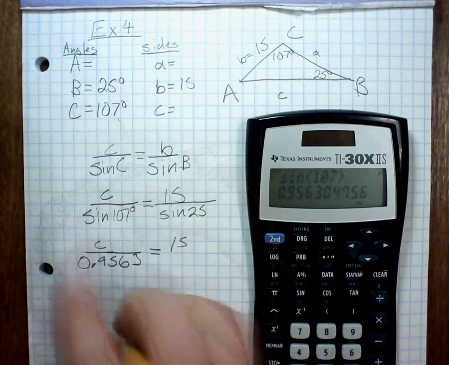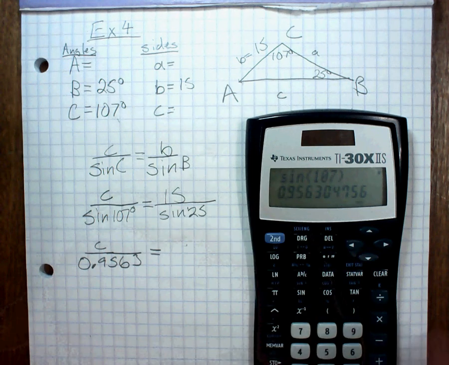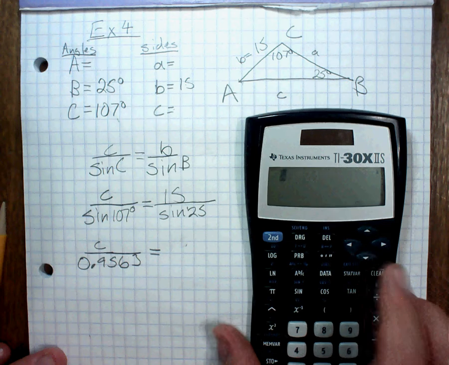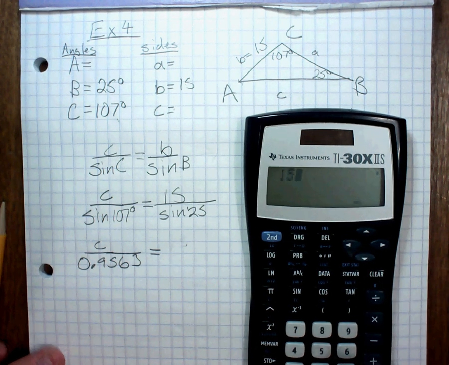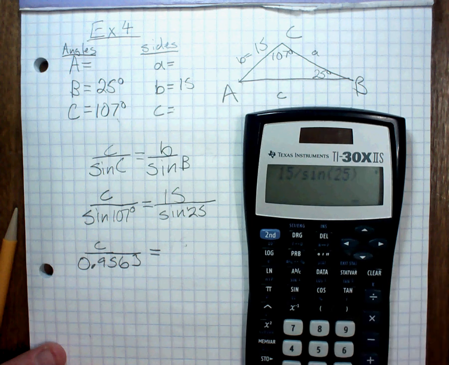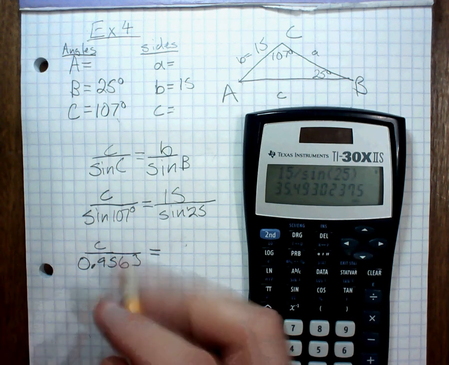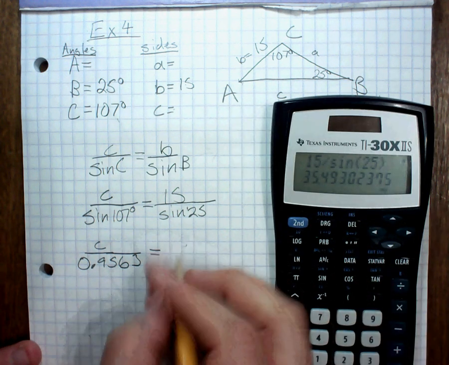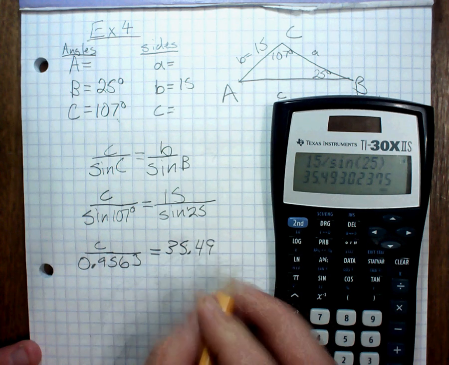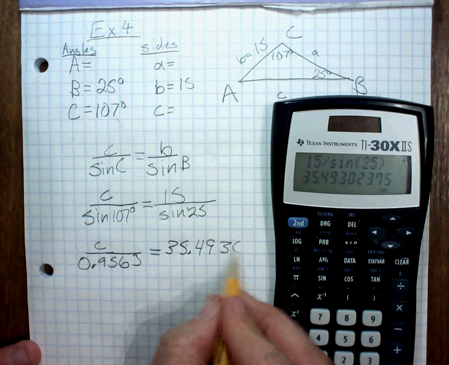Oh, I'm just going to solve this all in one swoop. So on the next one, I'm going to say 15 divided by sine of 25, hit enter, and that is equal to 35.4930. Okay?